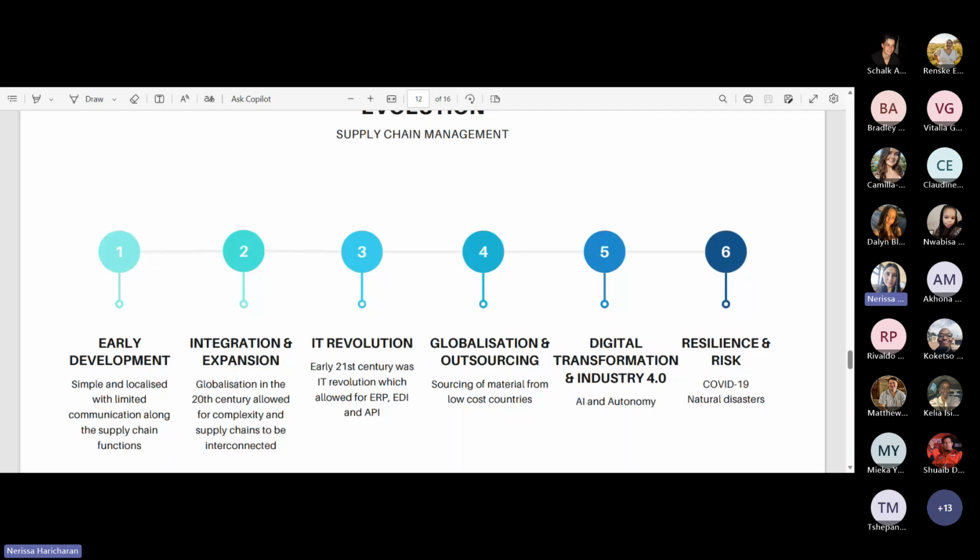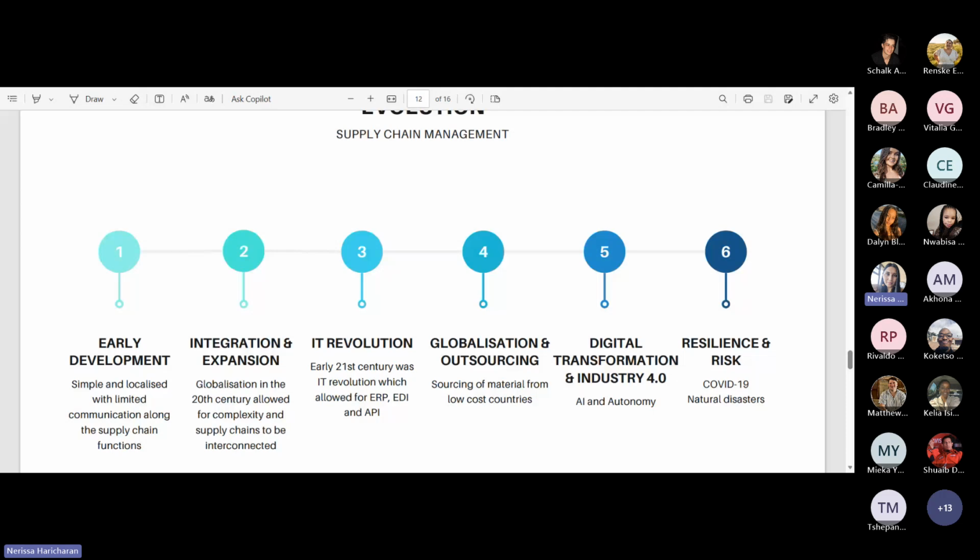The next one is integration and expansion. So as markets expanded and globalization started to take shape around the 20th century, a lot of supply chains became a little more complex and a little more interconnected with each other, meaning that businesses now tried to integrate their supply chains, whether from a vertical perspective, meaning in every single department, or a horizontal perspective, meaning between your supplier and your customer, and your customer's customer and your supplier's customer.